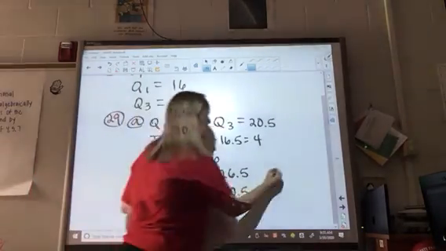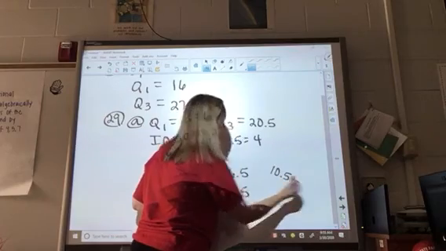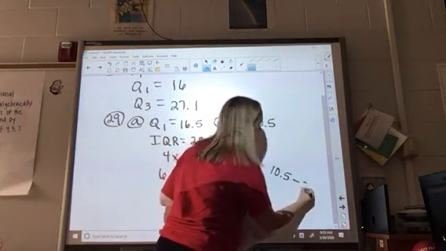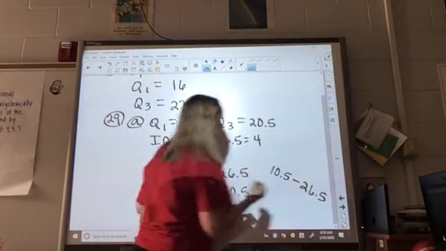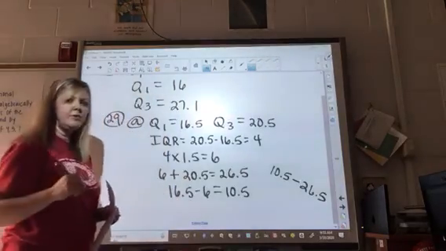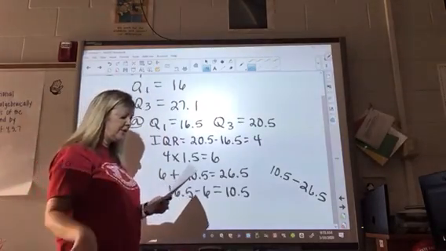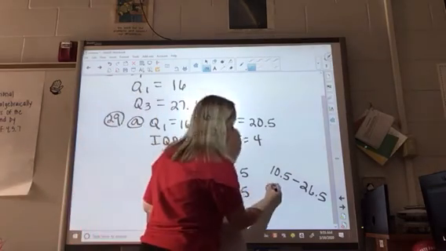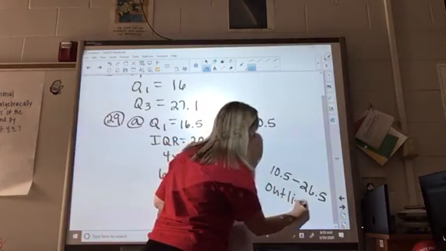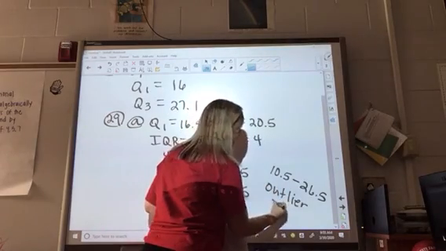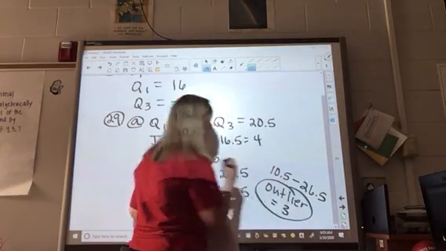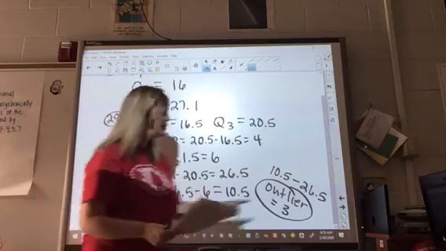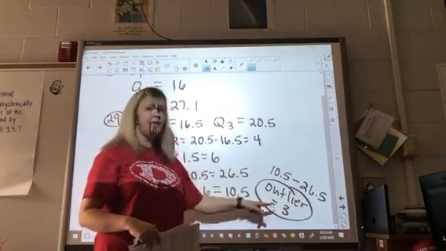So I'm looking to see if anything falls between 10.5 and 26.5. If something is not in that range, it is considered an outlier. I see a number that's less than this, and it is 3. But there's nothing greater than that, so the only outlier would be 3.